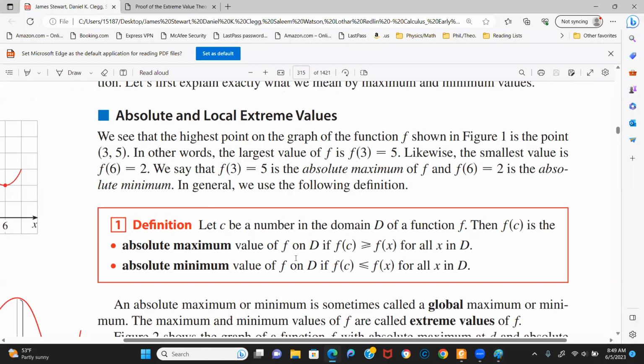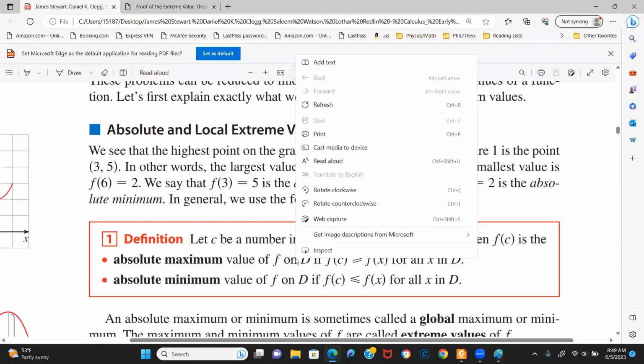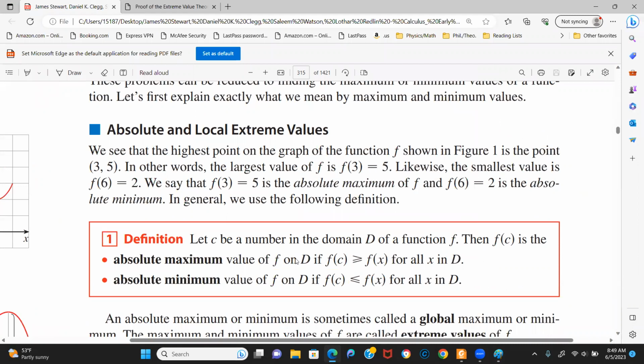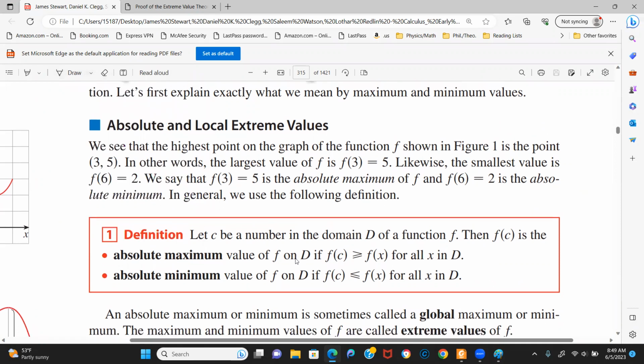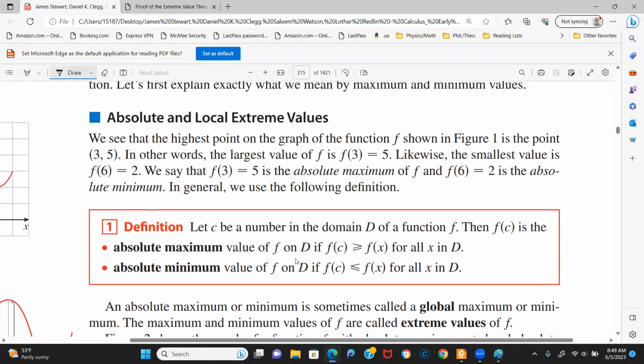So here's the definition of the absolute extrema version. This first definition is about absolute extrema.